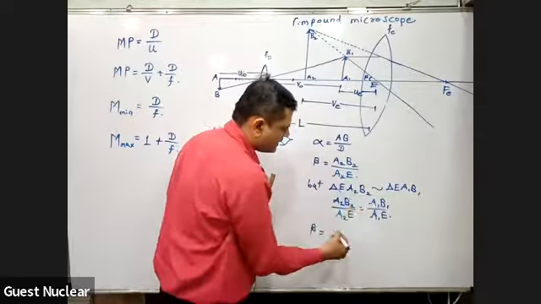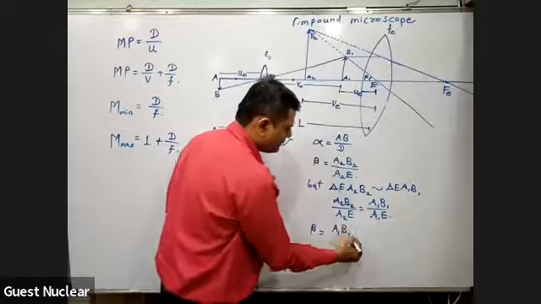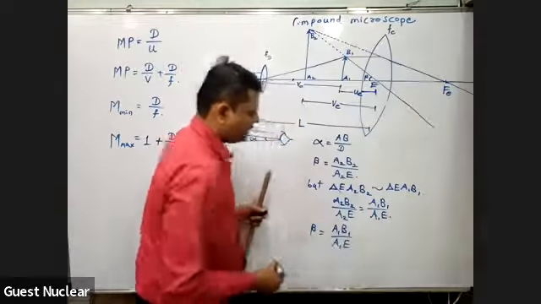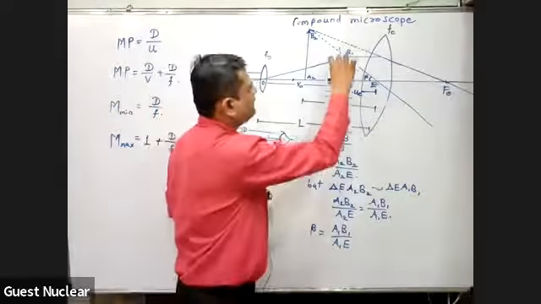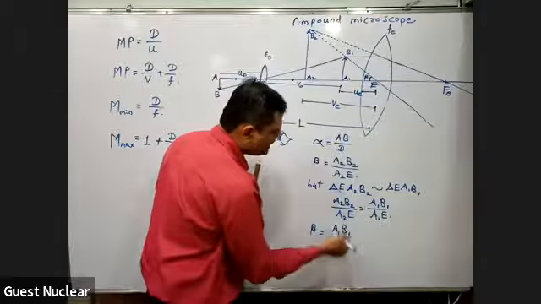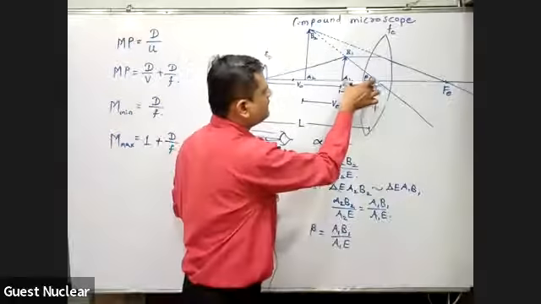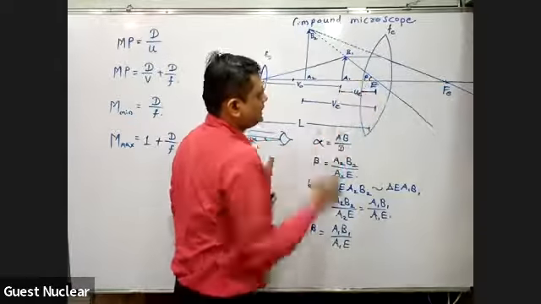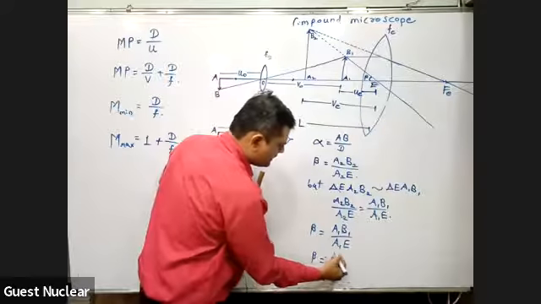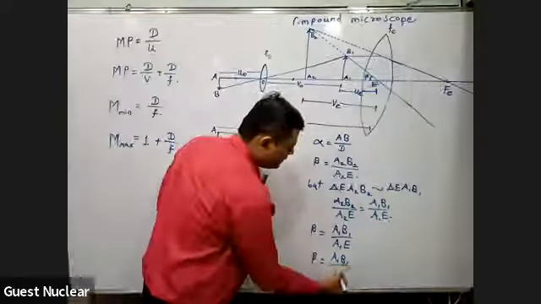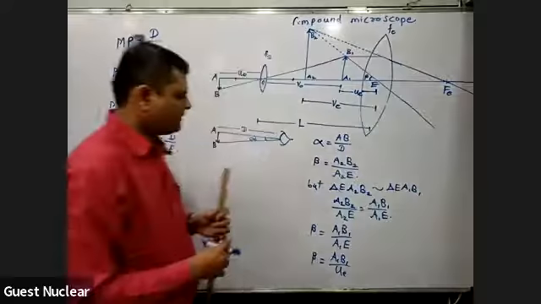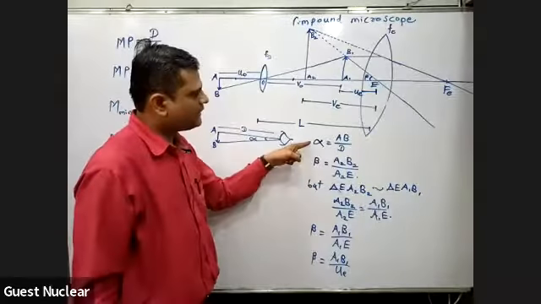Now just see in the diagram: A1B1 can be written as it is, and A1E is nothing but UE, correct? So we can write beta simply equal to A1B1 upon UE. Okay, so this is what we get. Now this is our beta, and we already have alpha.